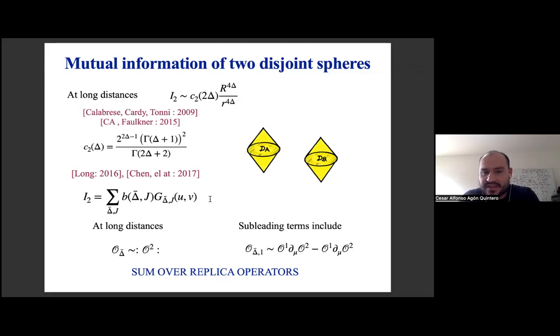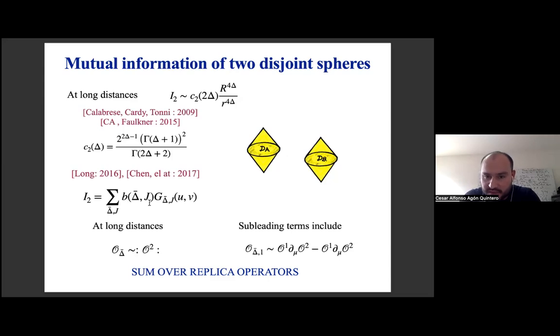Okay. So this is how you can go away from just keeping the leading term. For the rest of the talk, I'm just going to be keeping the leading term, but I'm just telling you that there is a story that actually incorporates all the contributions of the subleading terms. And in particular, this expansion is potentially so powerful that it might be enough to actually carry out this reconstruction idea.